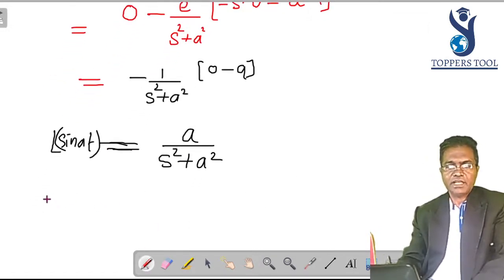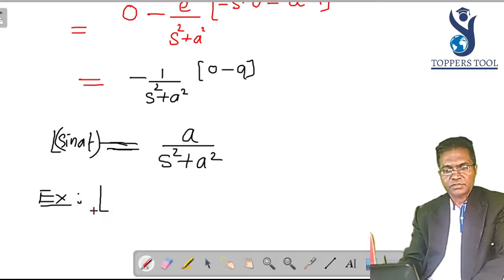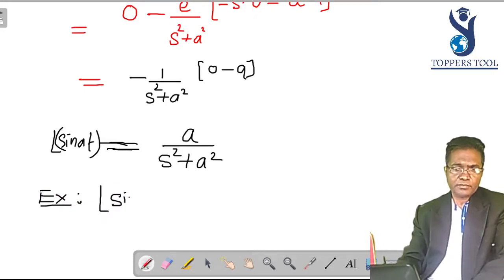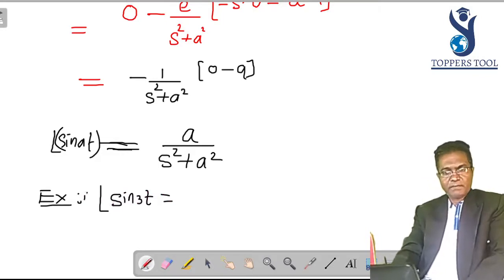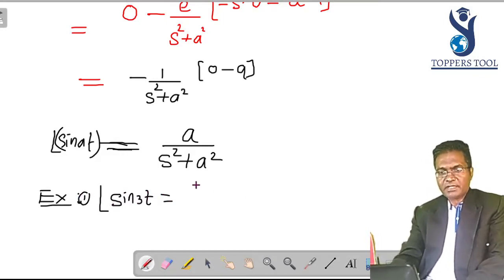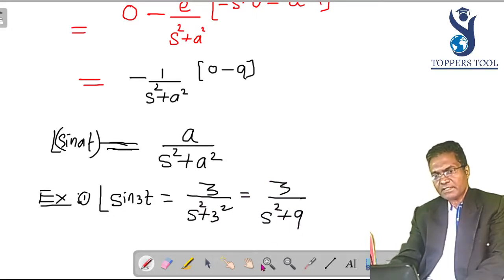Okay. Now how can it be used or helpful? Laplace transform of, suppose, sine 3t can be written as 3 by s square plus 3 square, that is 3 by s square plus 9.